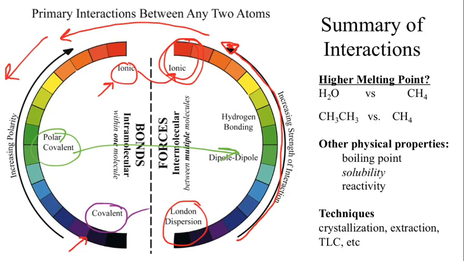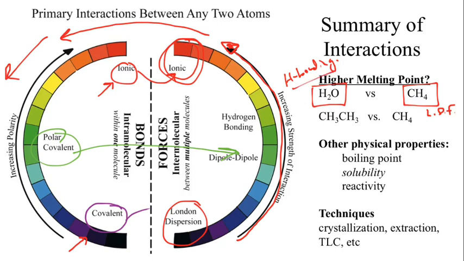So if we were going to use this to predict melting points, we could compare, say, water and methane. If we look at the intermolecular forces for methane, we would probably run with London dispersion forces. With water, we get hydrogen bonding. Well, between those two, which one's the strongest force?